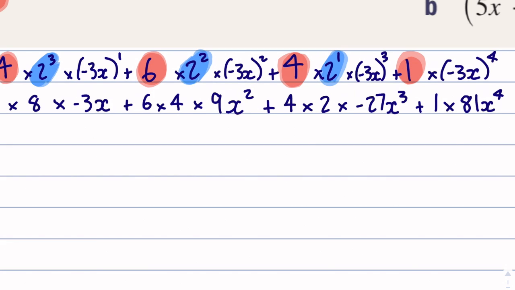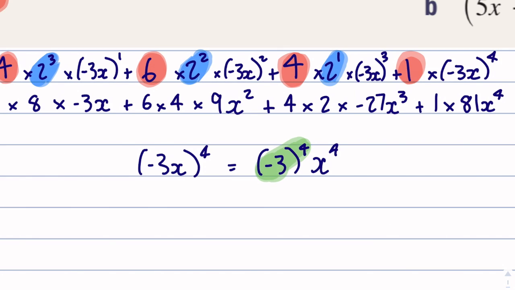Even if you were struggling, if you had negative 3x to the 4 and didn't know what that came to, that's the same as negative 3 to the 4, x to the 4. This bit you can chuck in your calculator.